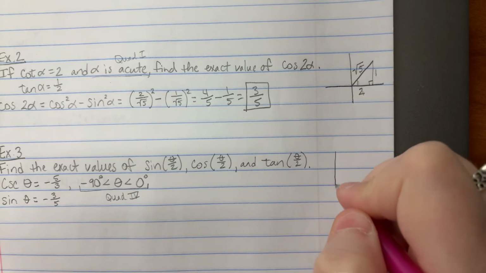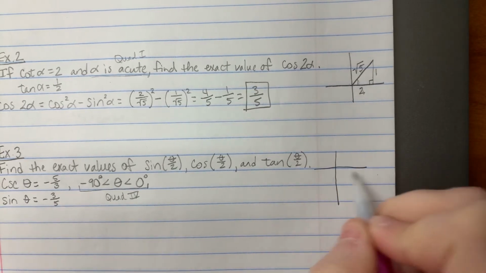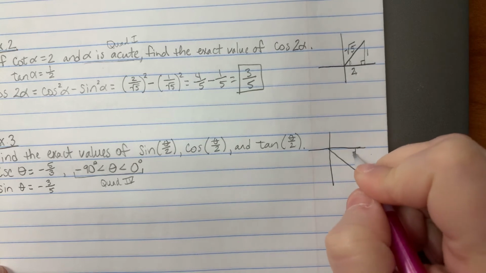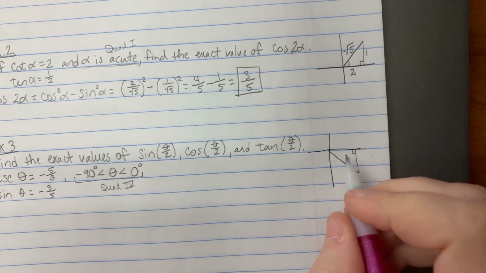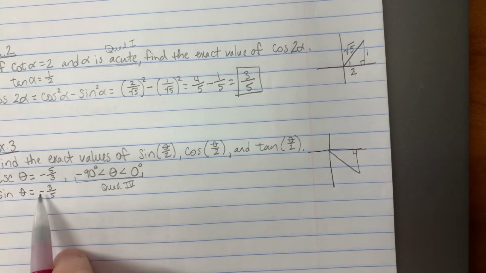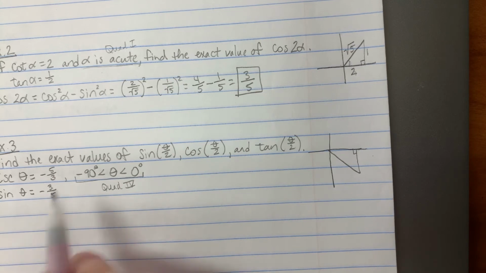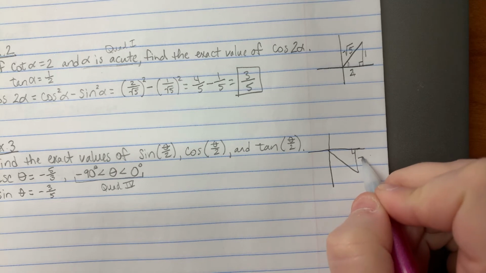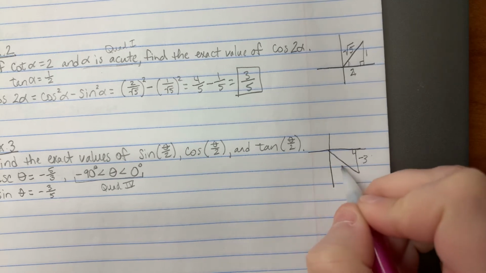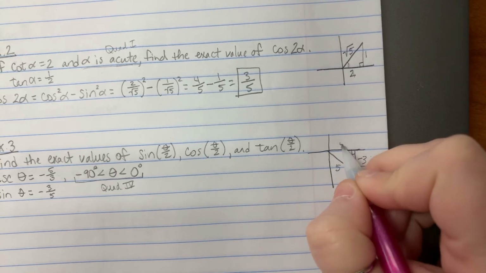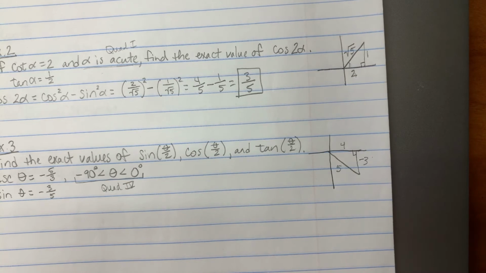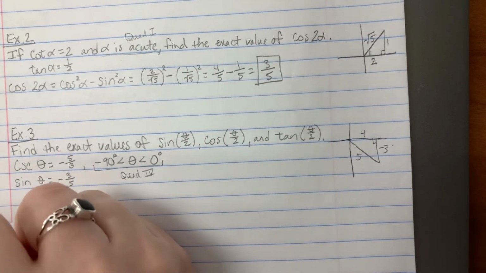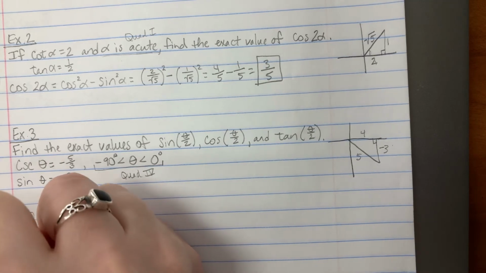All right, so if I'm looking at this here, I'm in quadrant 4, which is over here. And that tells me that if sine is -3 over 5, that means my y value is that -3, and my hypotenuse is the 5, which makes this a 4.